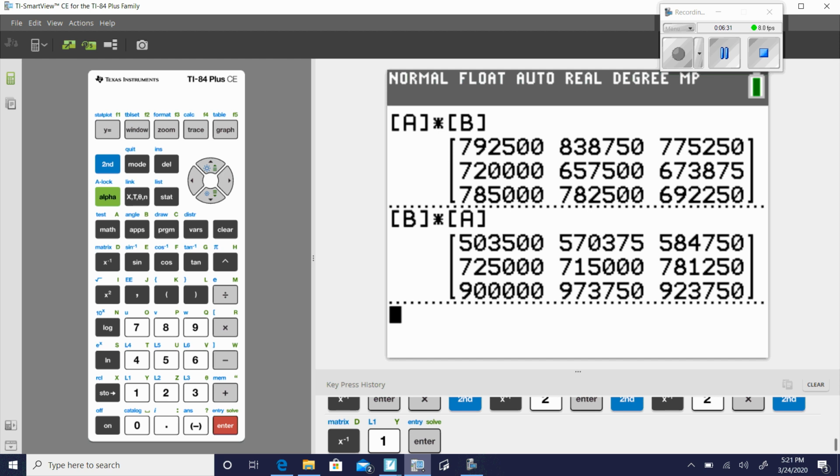In the first column, we have model 1 for January, February, March, model 2 for January, February, March, model 3 for January, February, and March. So each column starts off with a 5, 7, and 9. Okay, how are we going to differentiate? Well, we have 3,500 here versus 70375, all right, versus 84750. So model 3 is coming out ahead in January.